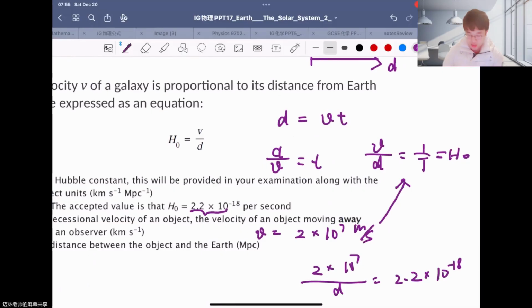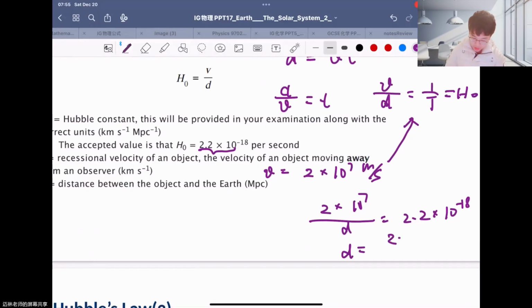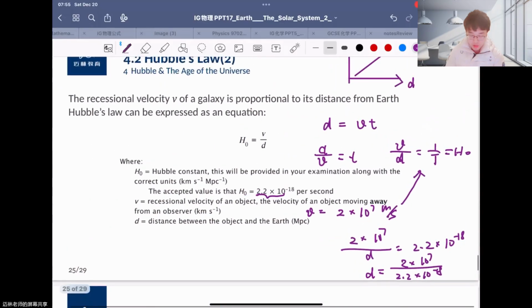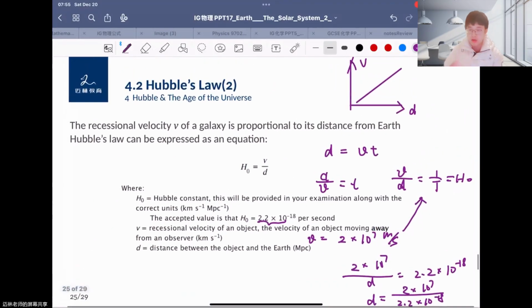So you can find the distance here. If you know two parameters, you can find the other parameter. So this is Hubble's law, or what Hubble's law tells us.